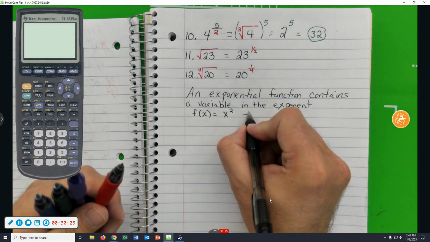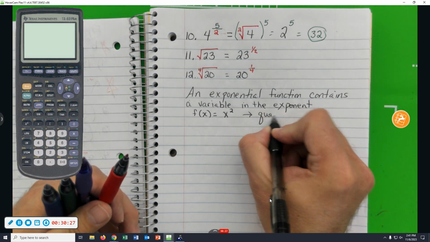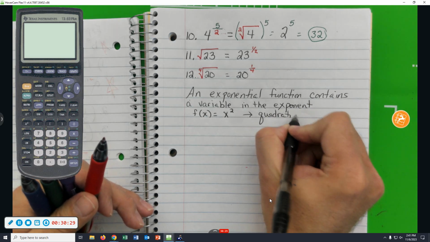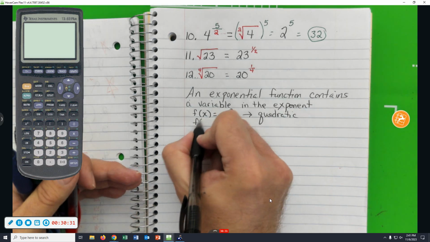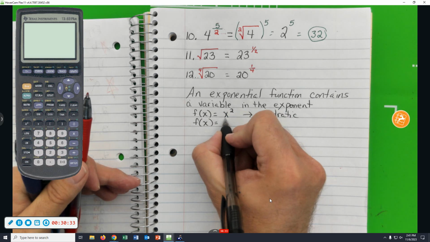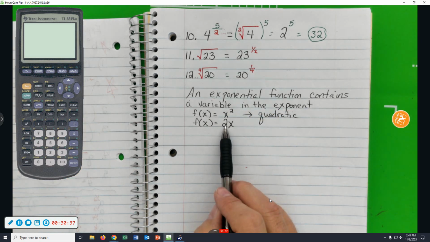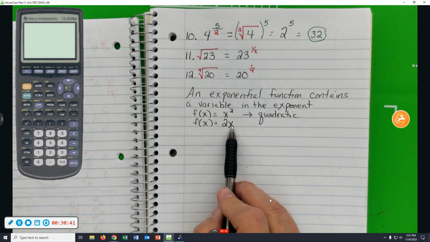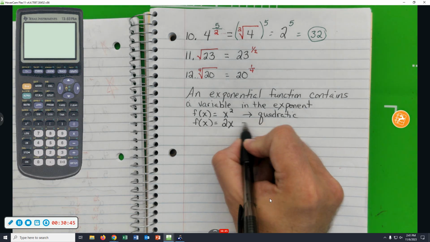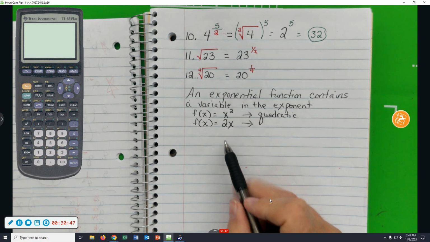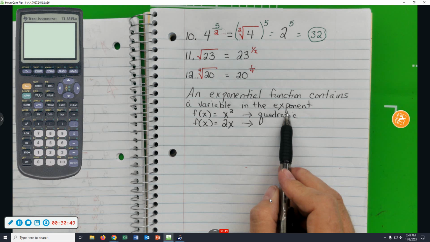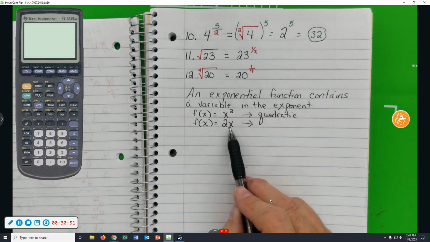That's called quadratic. We saw a lot of other ones. Suppose there's no exponent at all, like f of x equals 2x, or y equals mx plus b. What do you call something that just has a variable with no exponent on it?